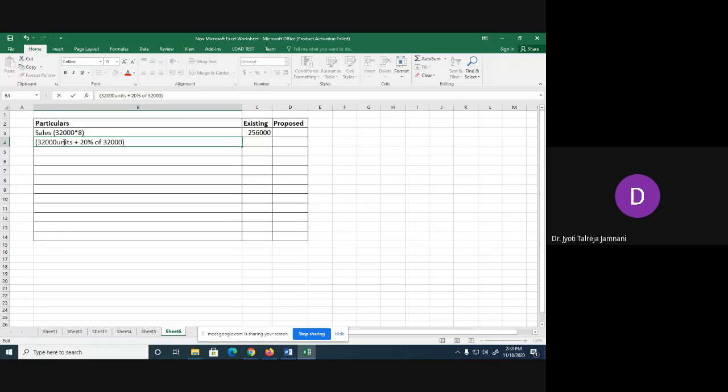So how much do you get? 32,000's 20% is 6,400 plus your 32,000, 38,400. 38,400 units into the selling price of 8 rupees per unit. So 38,400 into 8, you get 3,07,200. So this is the sales value. Any doubts?